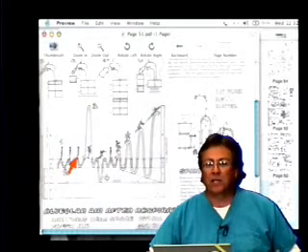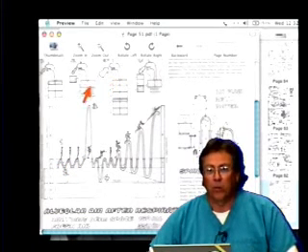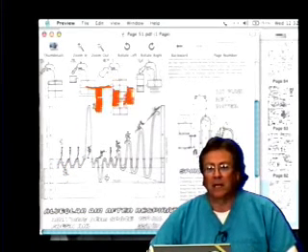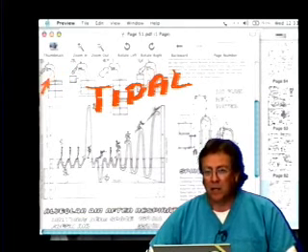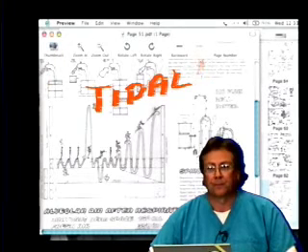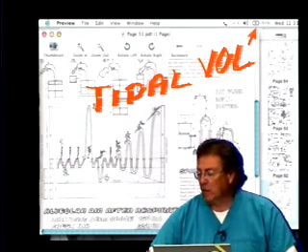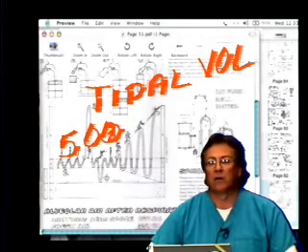This pattern of inspiration and expiration reflects a volume which is referred to as a tidal volume. Tidal because the movement of air in follows the exact same pathway as expiration. So the tidal volume at rest in a human is around 500 mils.